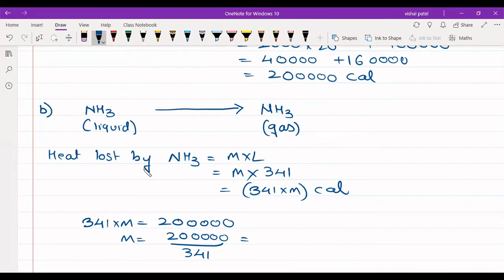Okay, so students, this is a big calculation, so make sure that you do it very properly. So I will get 586.5 grams. Is this understood, all of you?